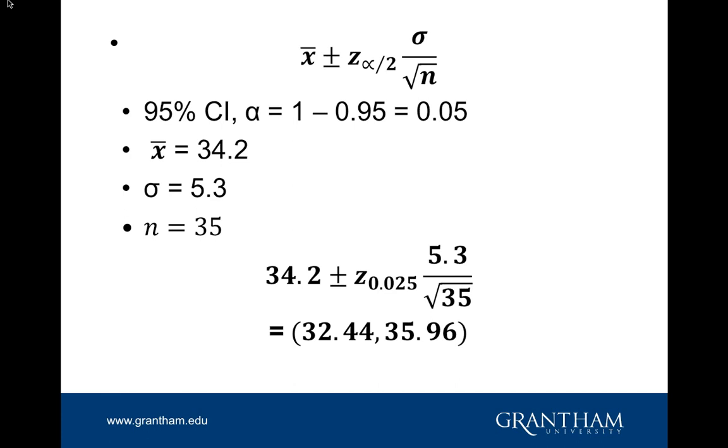After you subtract that from 34.2, you have to add in the number on the right to the number on the left. So you're going to do two calculations. First, you're going to subtract and come up with an answer, and then you're going to add and come up with an answer. And that's where we get this from.